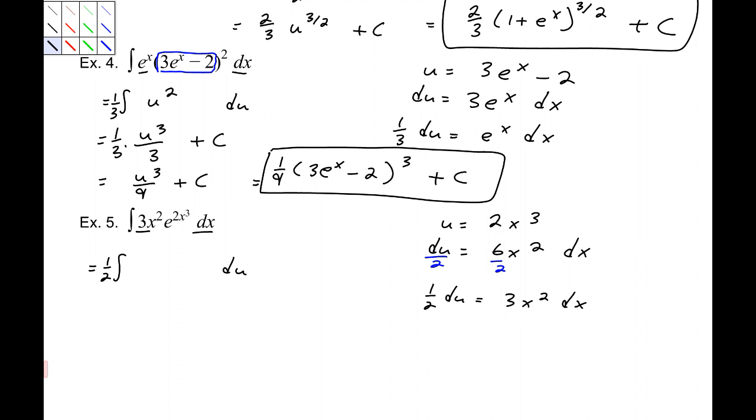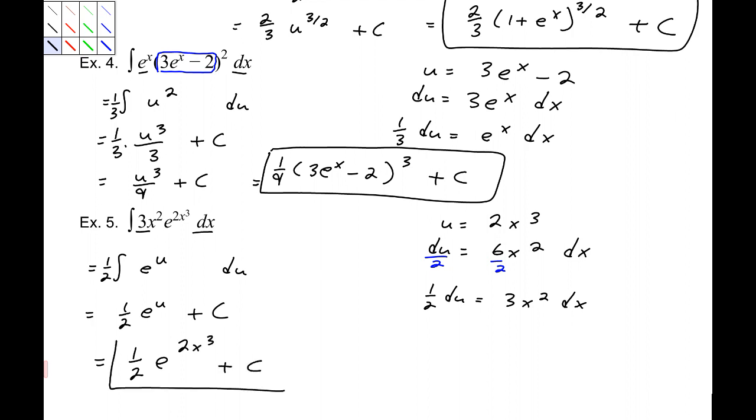Du includes the 3x squared and the dx, so we just are left with e^u. And the antiderivative of this is e^u, so 1/2 e^u plus c. And then once we replace u, that's 1/2 e^(2x cubed) plus c, and that integral is complete.